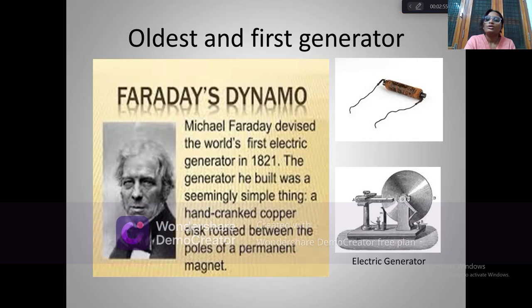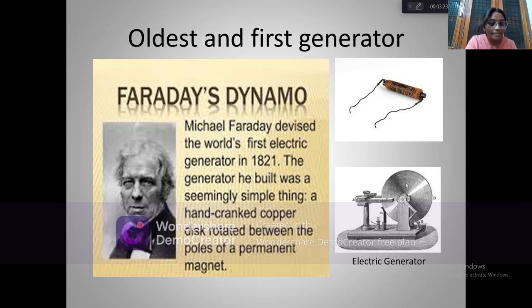And the oldest and the first generator was built by Michael Faraday. It's a hand cranked copper disc. This small construction is the hand cranked copper disc, which is placed between the poles of a permanent magnet to make it work like an electric generator.